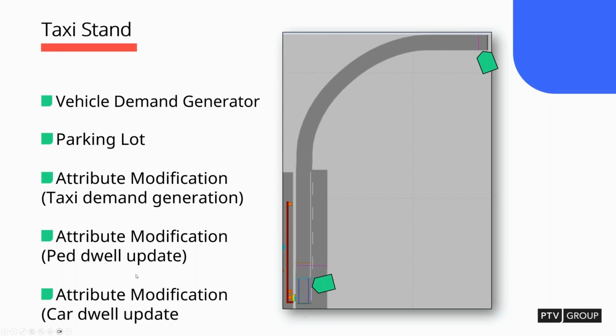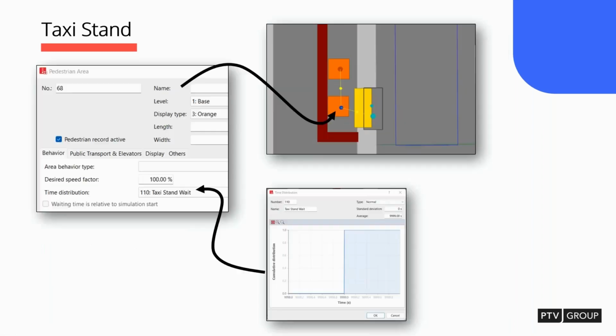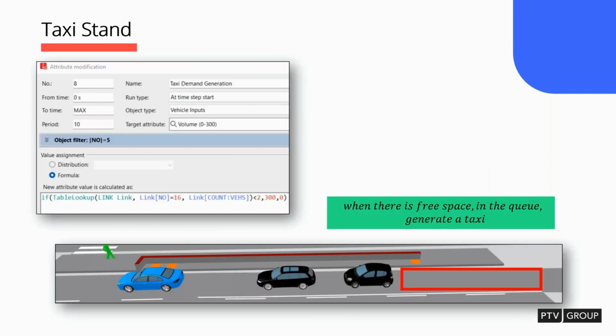The only thing we're going to do is we're going to have two attribute modifications. One that says hold the pedestrian until a car shows up, and then another one that says hold the car until the pedestrian shows up, similar to baggage claim. So we have a pedestrian waiting for an infinite amount of time, and then we have an attribute modification that says if there's room for more taxis, send more taxis.